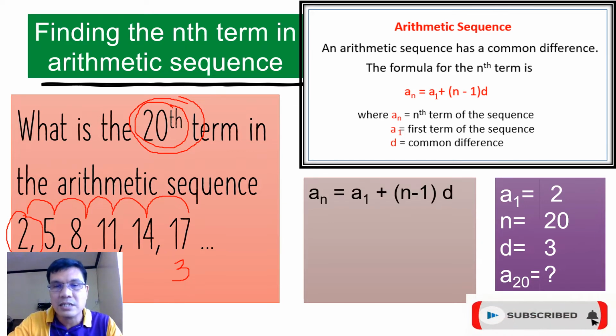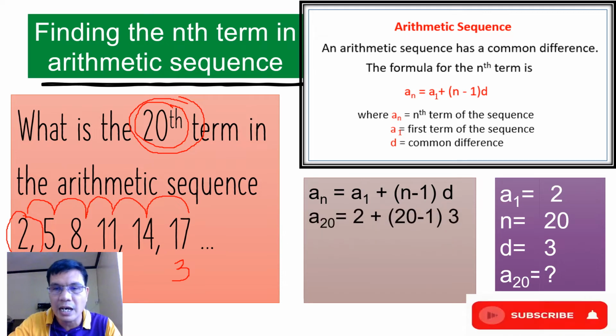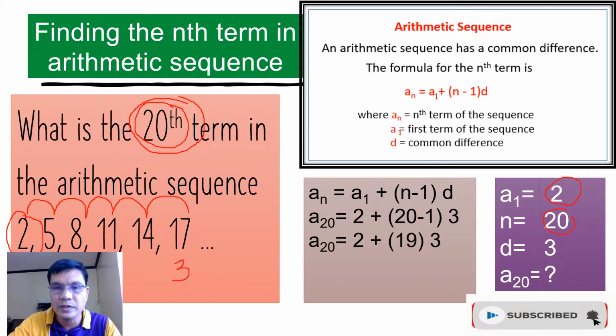So let us translate using the formula a sub 1 plus n minus 1 times the difference. So ang a sub 1 natin ay 2. N natin is 20 minus 1 times the difference 3. So, unahin natin inside the parentheses, 20 minus 1.